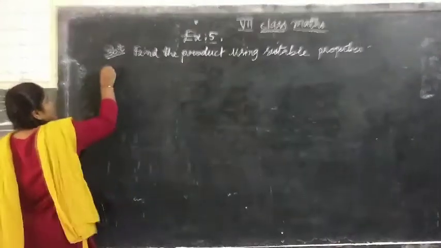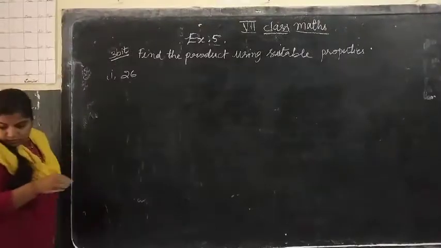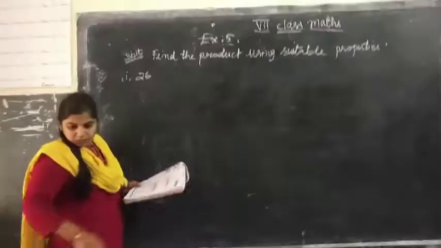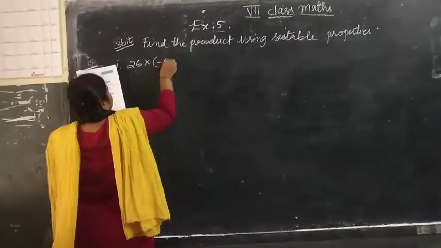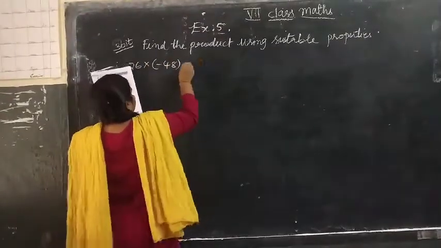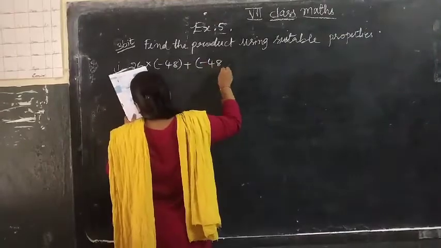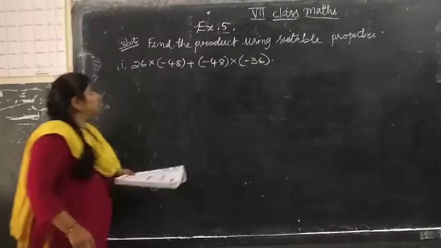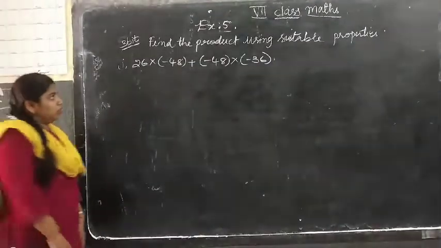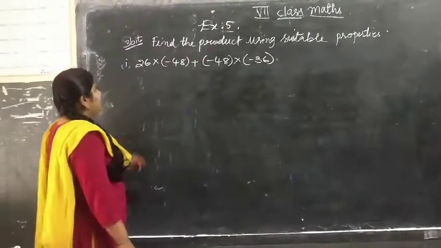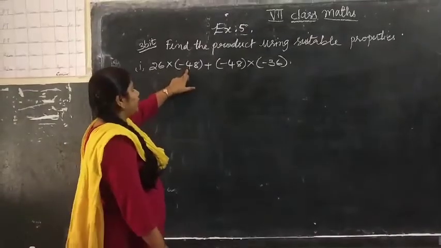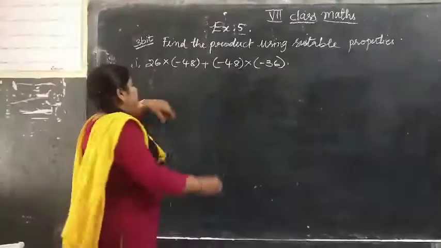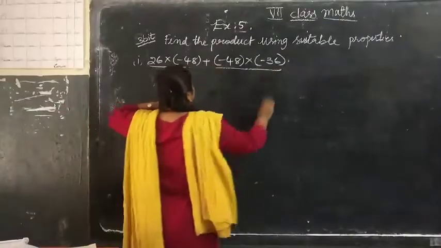This first one is 26 into minus 48 plus minus 48 into minus 36. Now in this term and in this term, which number is common?